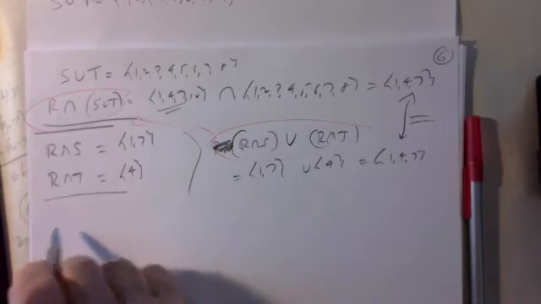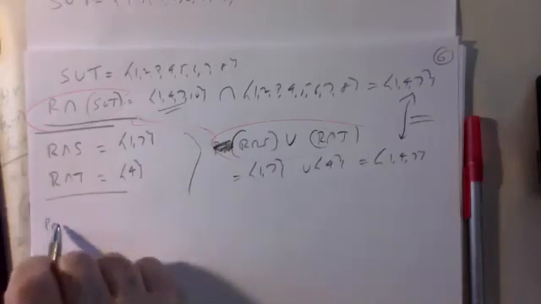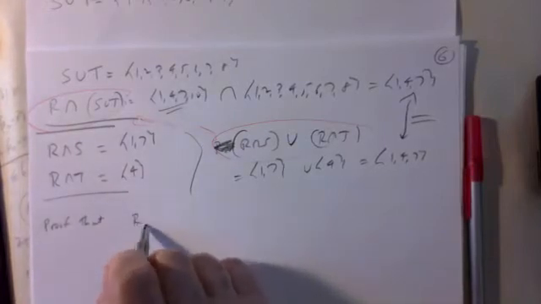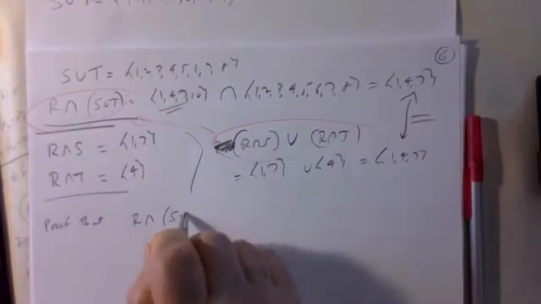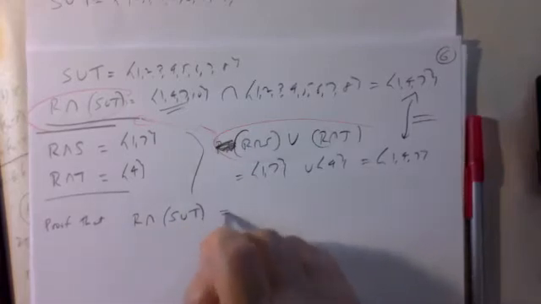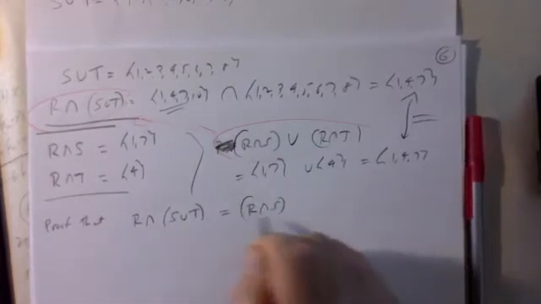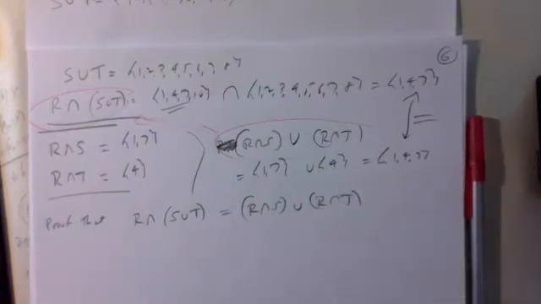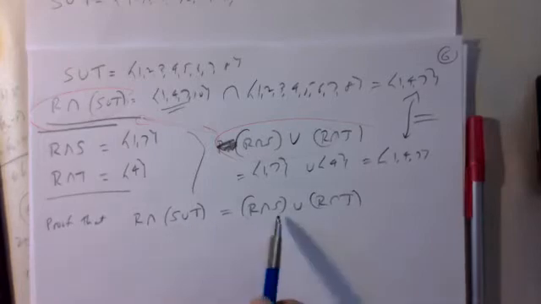So let's give a proof that R intersect S union T equals R intersect S union R intersect T. So this set equals this set. That's what we have to prove.